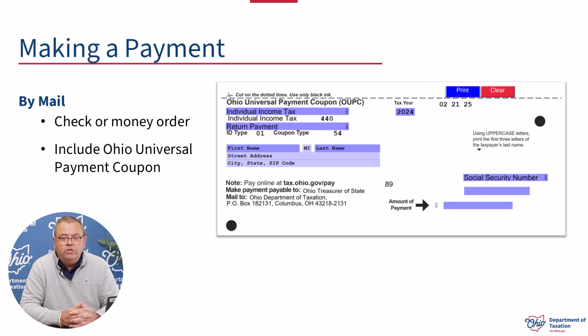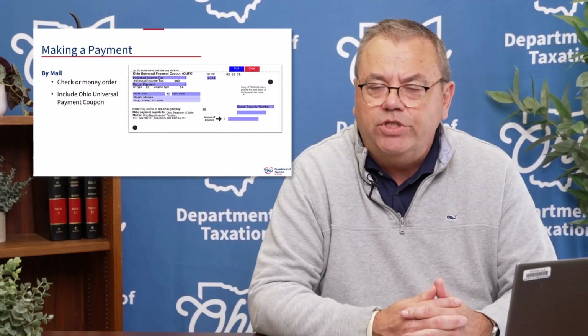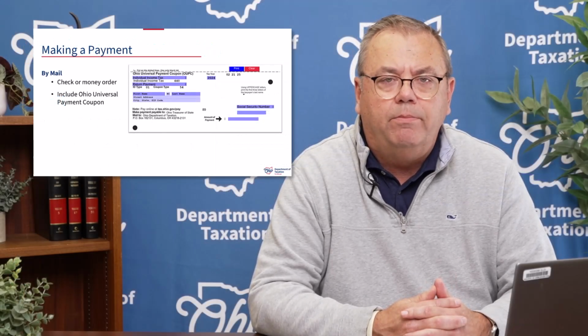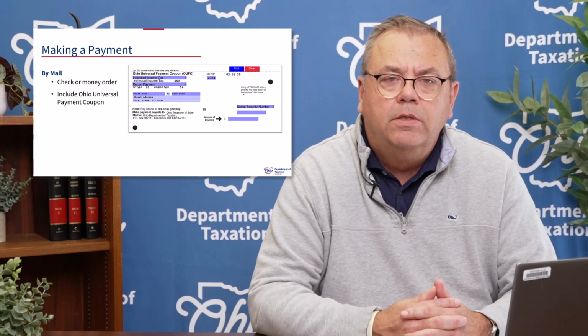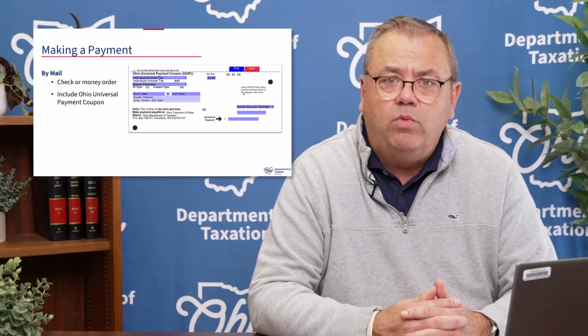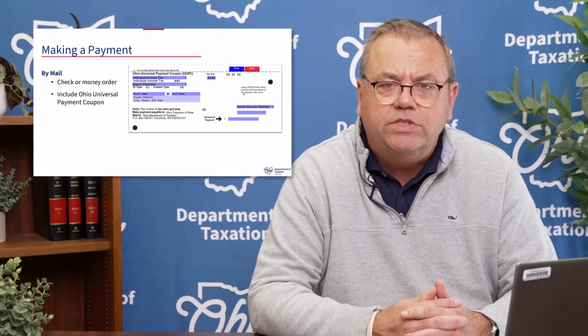We want to encourage you that when you're submitting that payment, in the memo line of your remittance, whether it be check or money order, please put the tax year and the type of tax you're paying, whether it's individual income tax or school district tax.